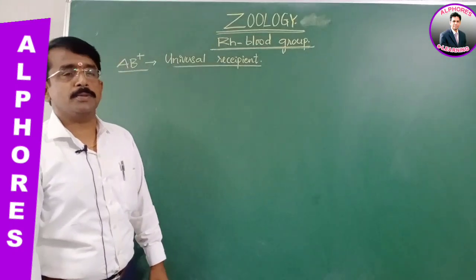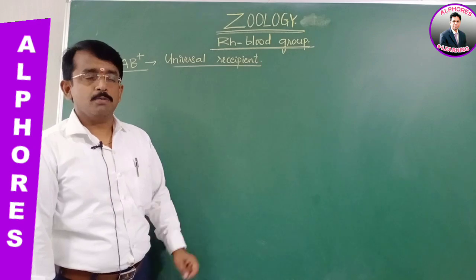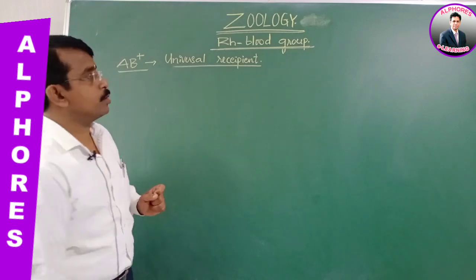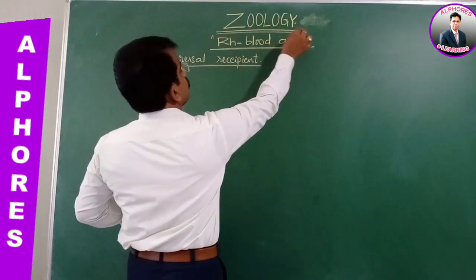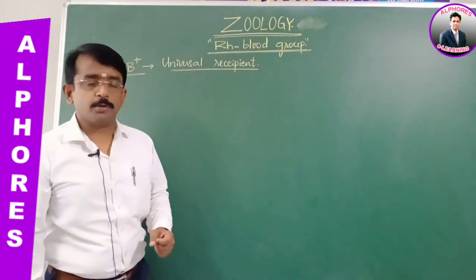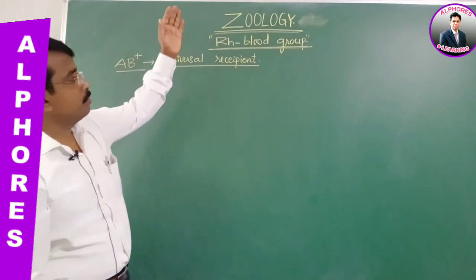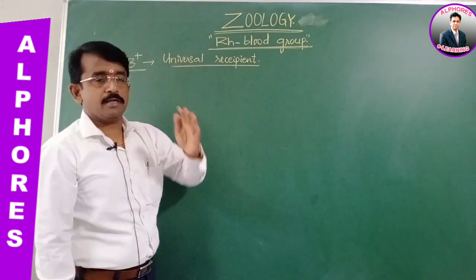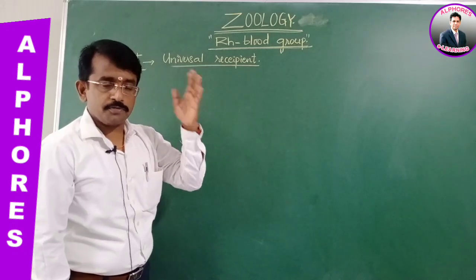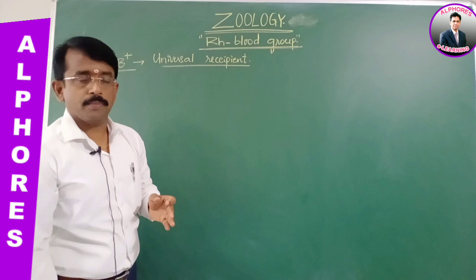As I already told you, in the blood grouping system, besides the ABO, there is one more, which is none other than the RH blood grouping. In the year 1940, Landsteiner and Wiener are the 2 scientists who identified another factor, which is the RH factor, also named the RH blood group.